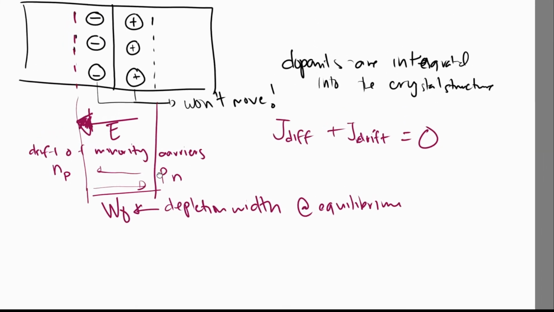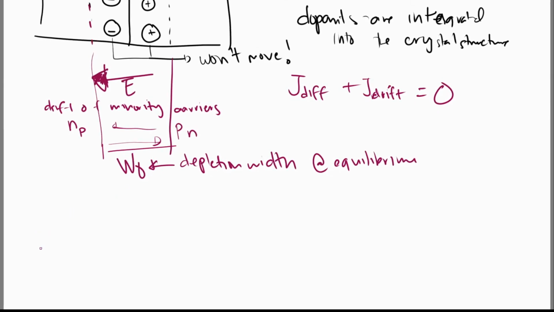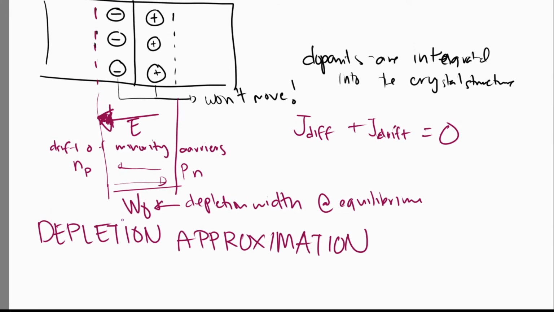To simplify our model for the ideal PN junction, we can invoke the depletion approximation. In this approximation, we assume that there is an abrupt transition between the quasi-neutral region, or the bulk P-type and bulk N-type regions, to our depletion region.